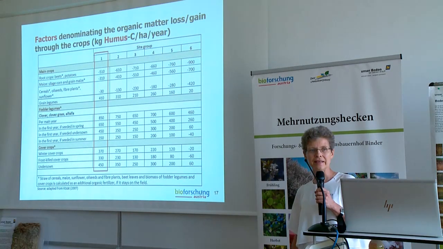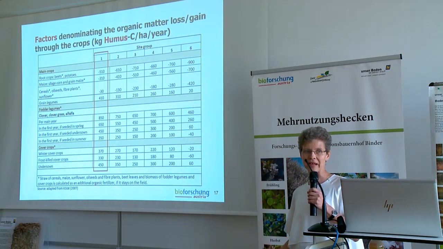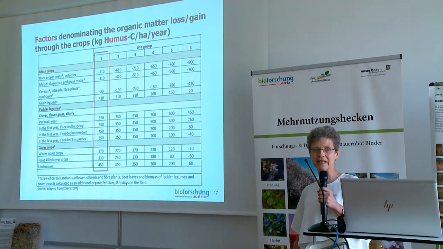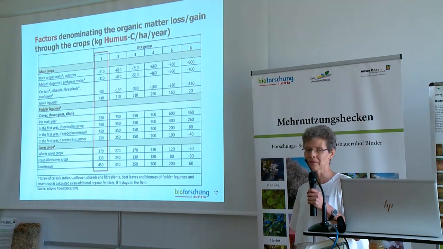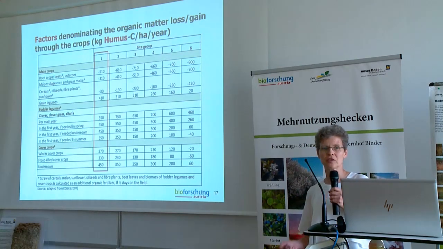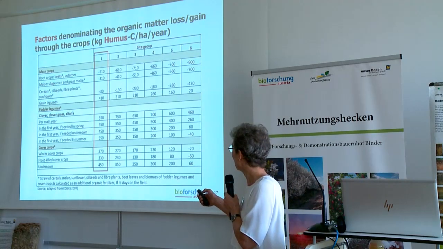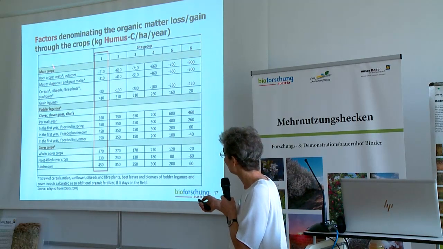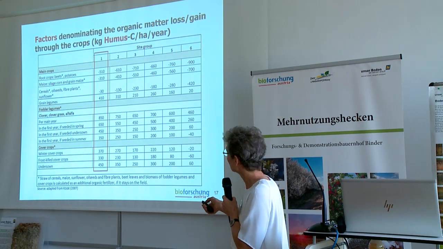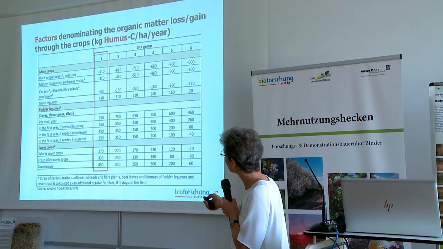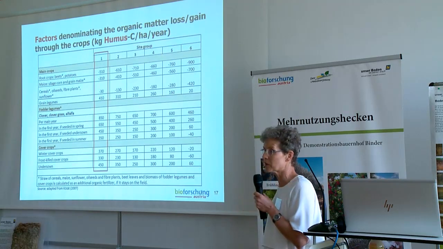Here you see the factors which denominate the loss of organic matter in the crop rotation, so per crop. For example, 1 year of potatoes at a farmer's field means, in site group 1, a loss of 500 kilograms of humus carbon.